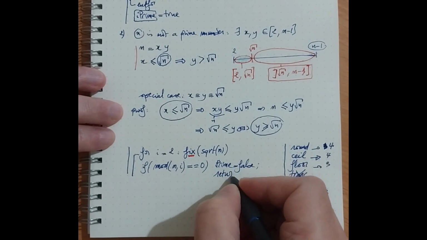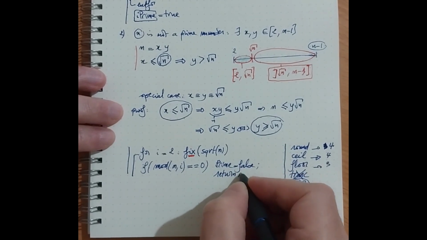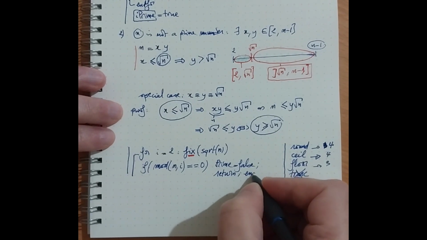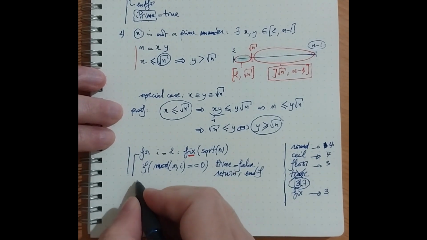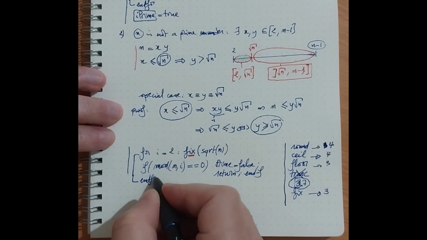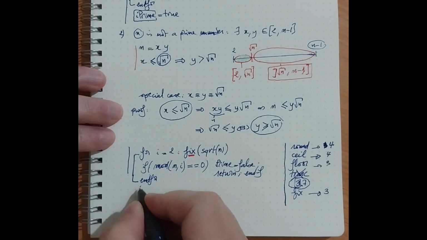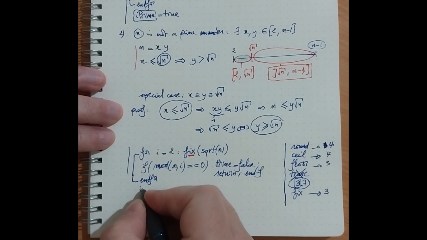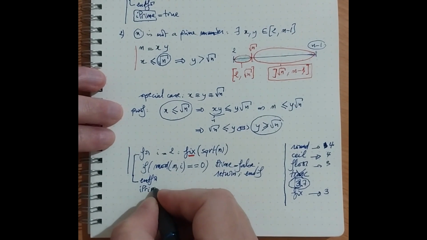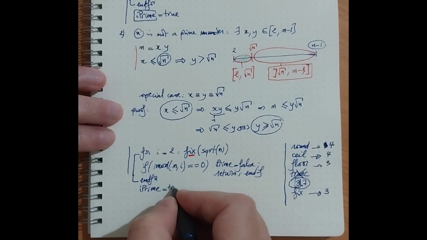We do not break, we return, and we finish the function. And in the end, after the for loop, if it passes all the tests in the loop, we get isPrime equal true.